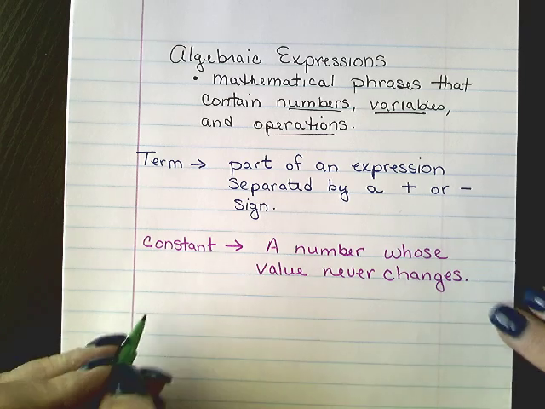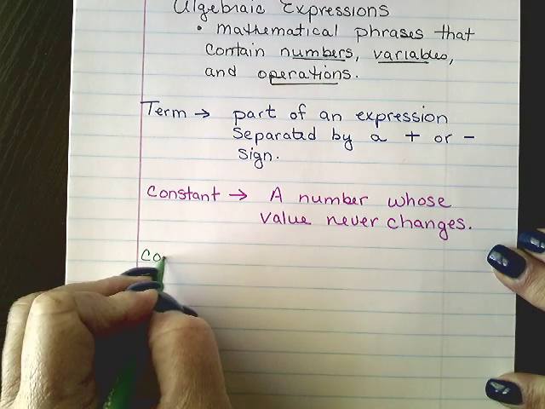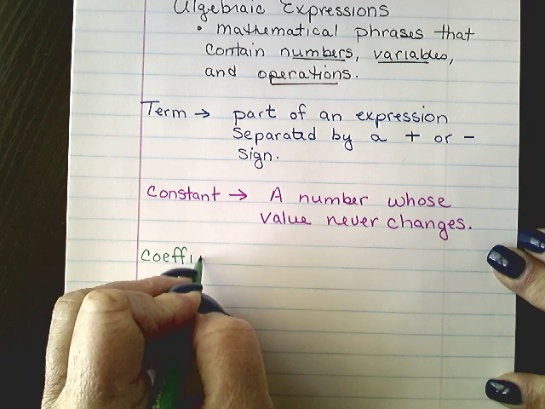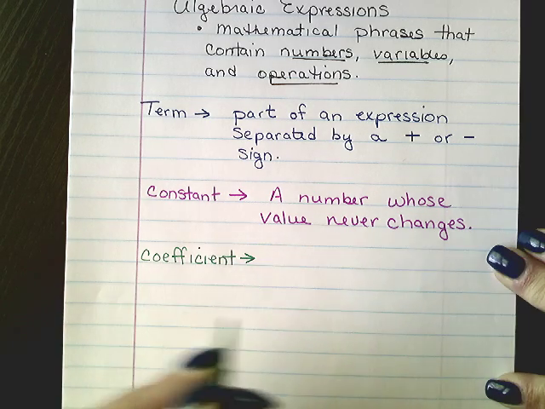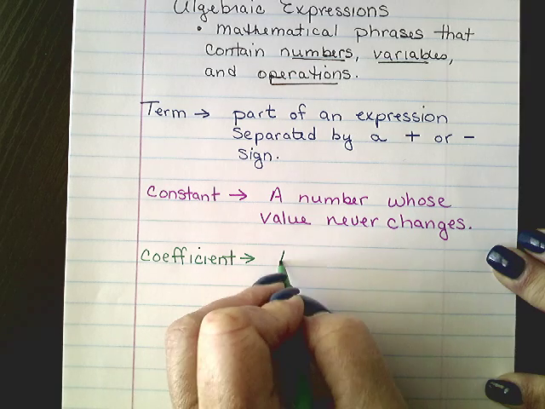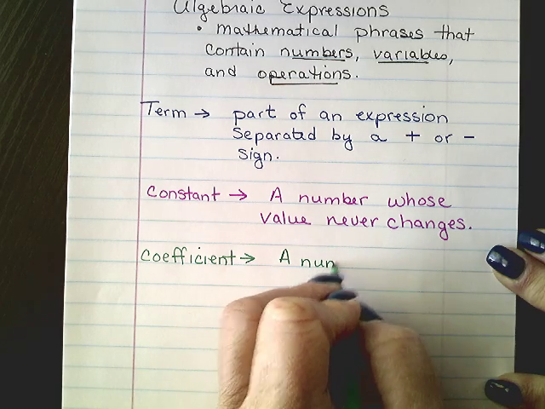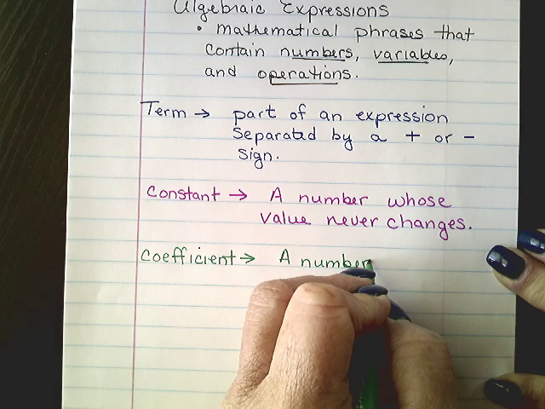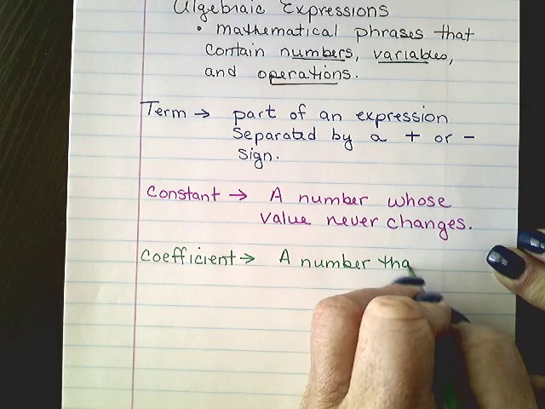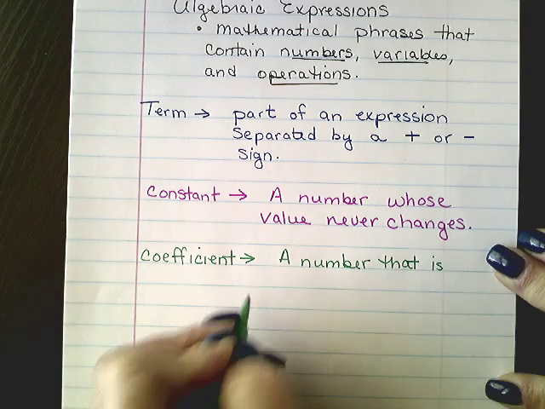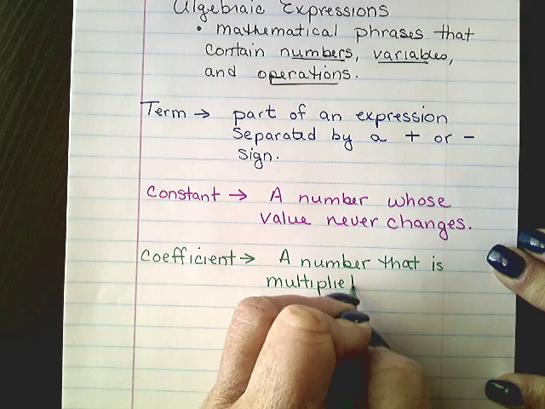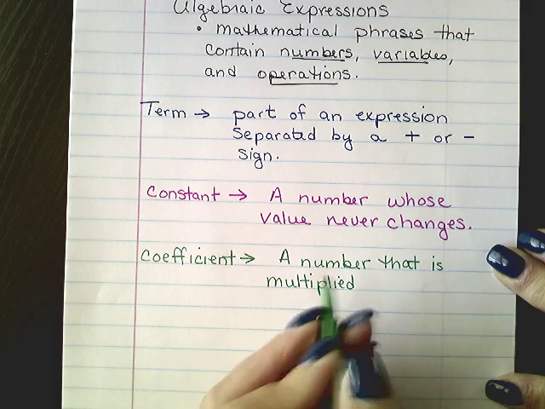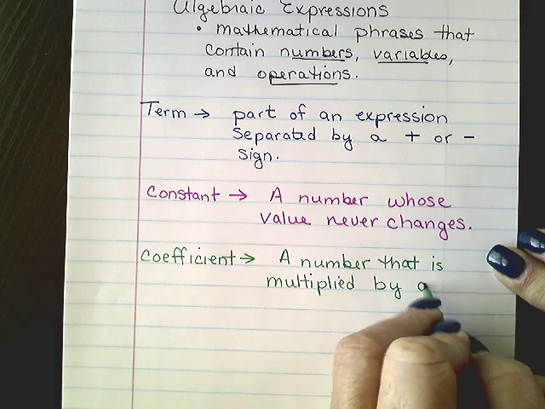We have a coefficient. It is a number that is multiplied by a variable.